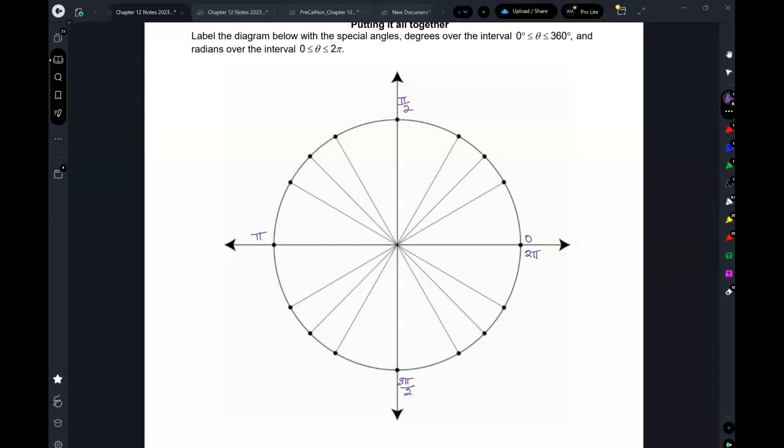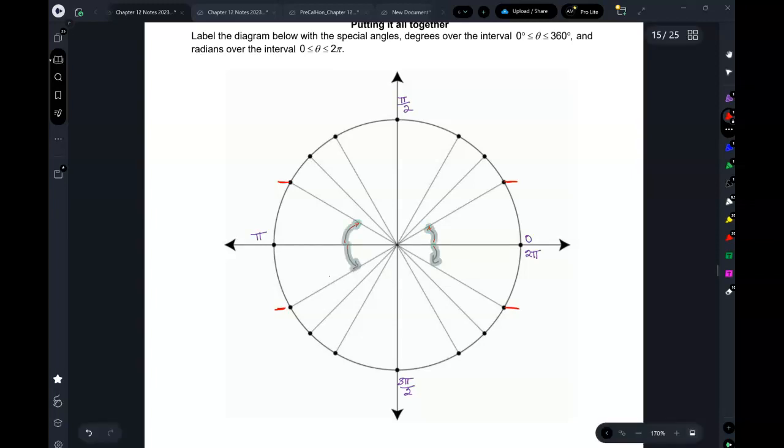Now, you have 3 increments here. So now I'm going to start labeling them. This very first increment, that corresponds to these. Why does it correspond to these? Because all 4 of these are the same distance away from the x-axis. Do you see that? Same distance away from the x-axis. So those 4.